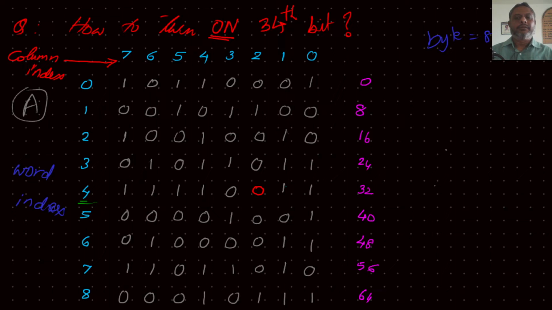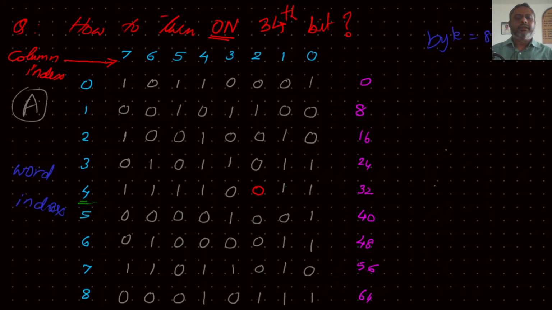So we have the 0th bit here, bit number 1 here, bit number 2 here, 3, 4, 5, 6, 7, and then 8 comes here. 9, 10 goes up to 15, 16 comes here, goes up to 23, 24 comes here, goes up to 31, 32 comes here, and so on.